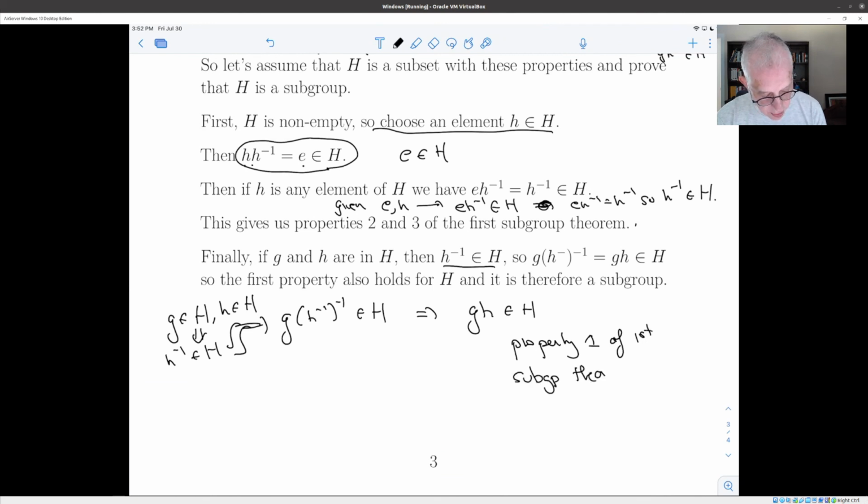So we've shown all 3 properties of the first subgroup theorem, and so we conclude that H is a subgroup.